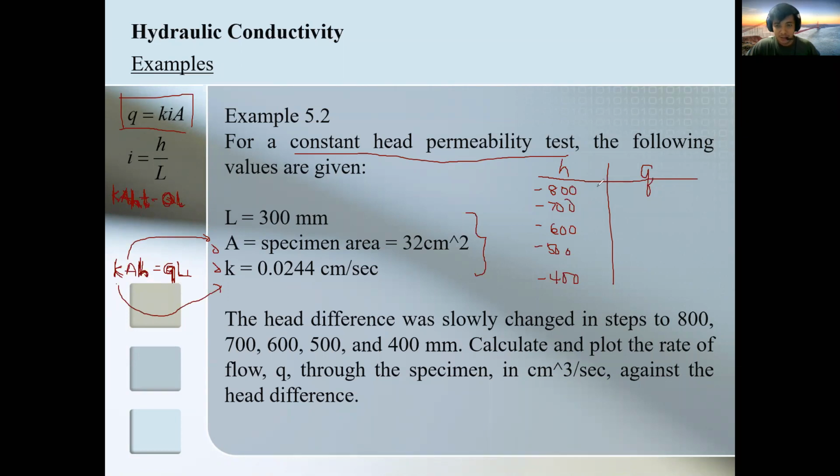Since we are going to plot the different head differences, 800 to 400, for every new data of H, you generate new data for your Q. Then L is 300.